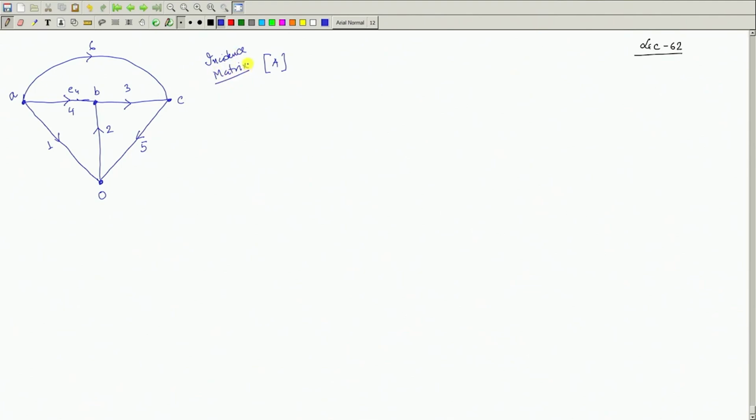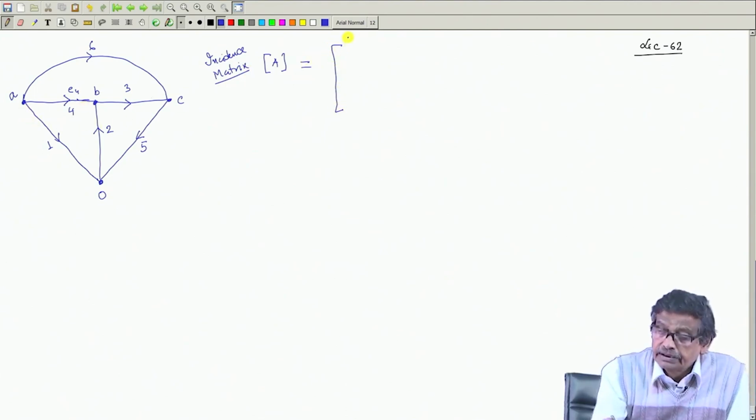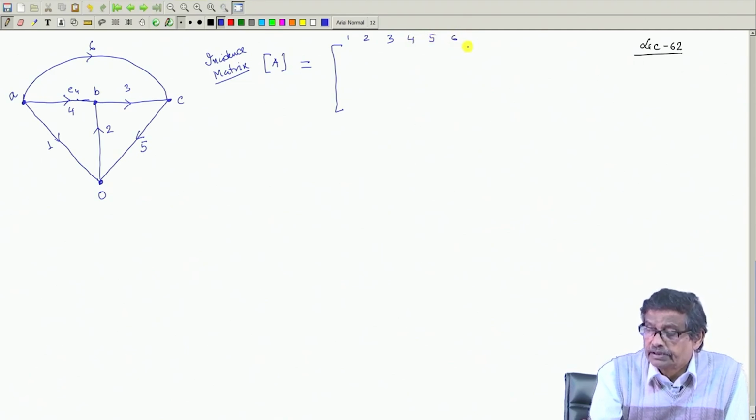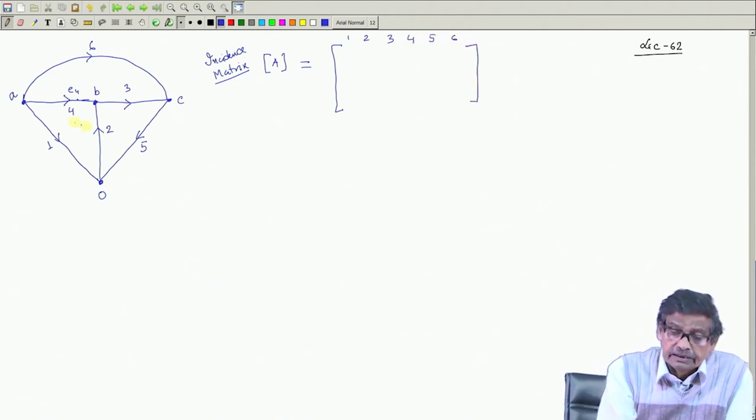The incidence matrix can be easily constructed by going to each node and writing down the +1 or -1 entries. For example, go to node A, node B; these are the 3 rows.